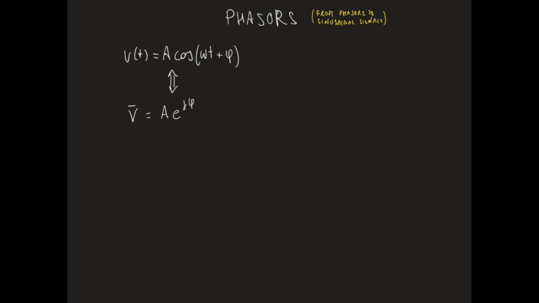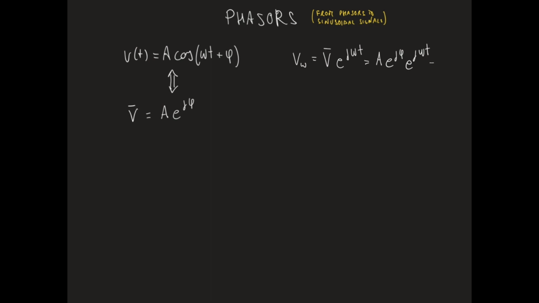Consider now the complex number V sub omega given by the phasor V bar times e to the j omega t. This is given by A times e to the j phi times e to the j omega t.